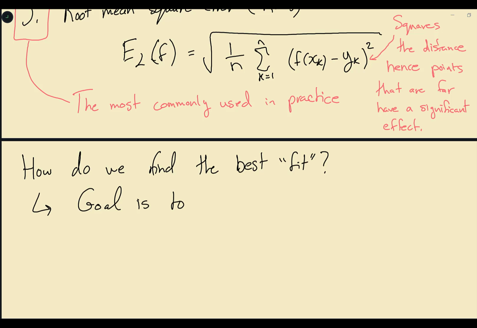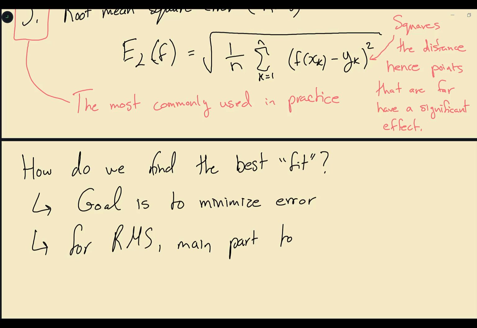So the goal is to minimize the error. And for our RMS, the root mean square error equation, the main part that we need to minimize is the part inside the square root, which is the sum of the errors squared.